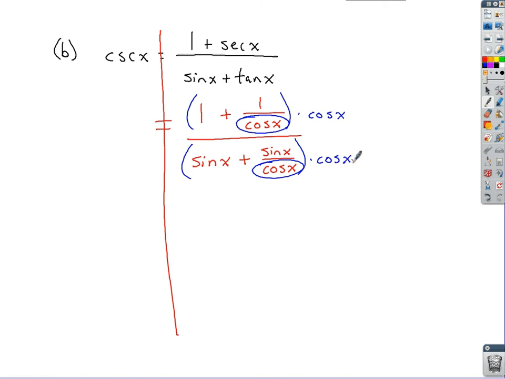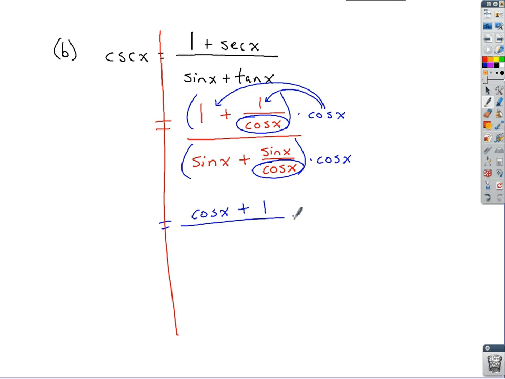When I do that, in the numerator I've got to distribute through to each term. So distributing through to each term, starting with this 1 I'm multiplying to, I get the cosine of x plus, remember the whole point in doing this again is to cancel out the fractions. This cosine of x cancels out, leaving me with only the 1 on top.